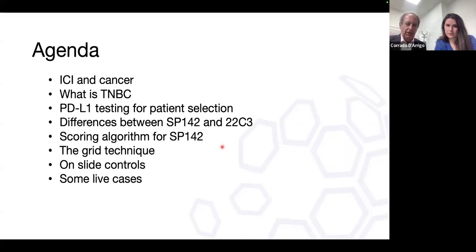And then we're going to go through the scoring algorithm, and we're going to show you some of the techniques you may want to use on difficult cases, although most of the cases should be like a spot diagnosis. A few words about on-slide control, and then hopefully, if we speak very fast, we'll have time, in the last 10-15 minutes, to go through some live cases to show you a little bit how we handle cases in digital pathology.